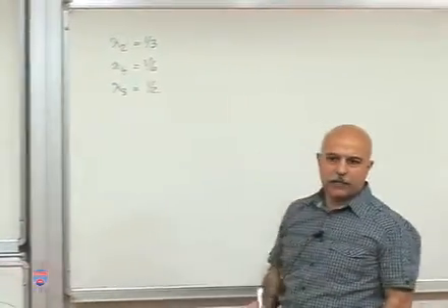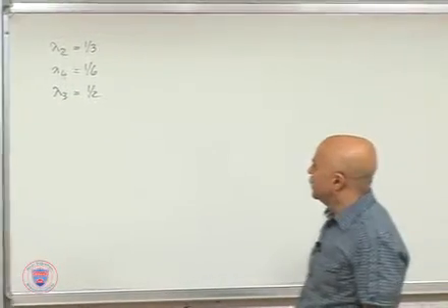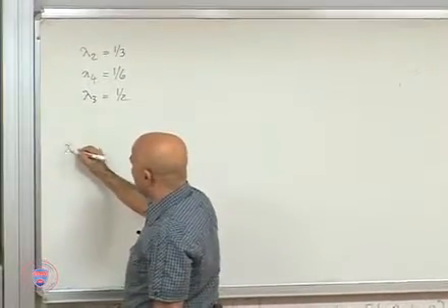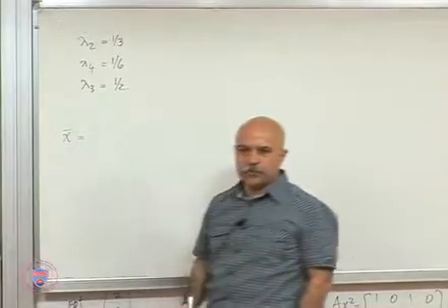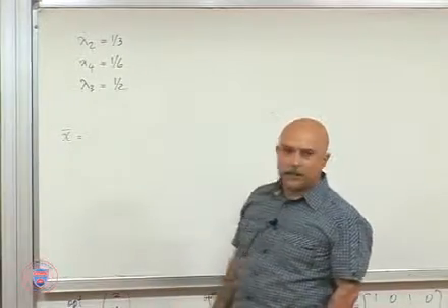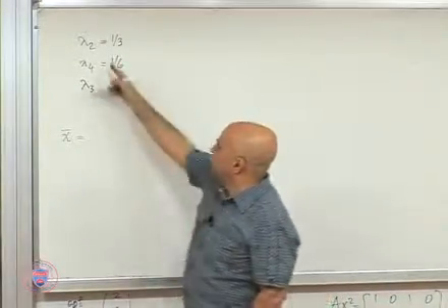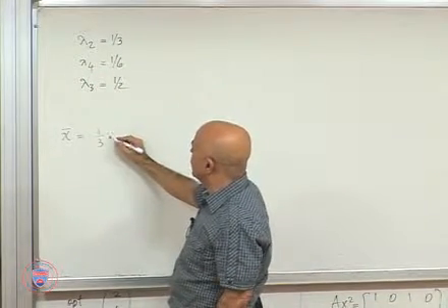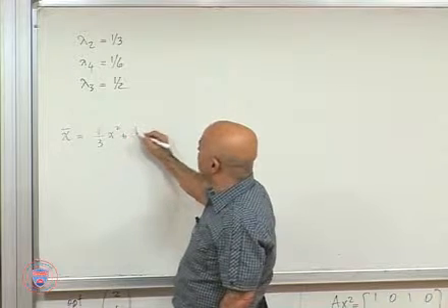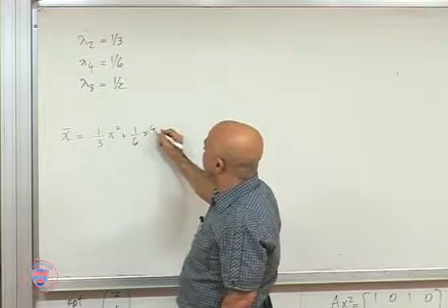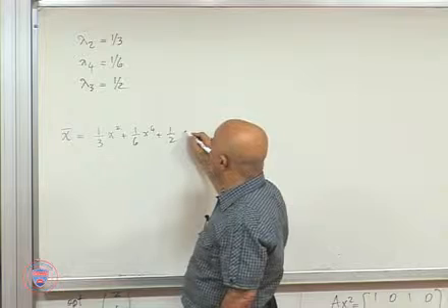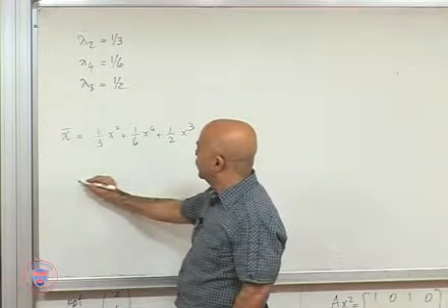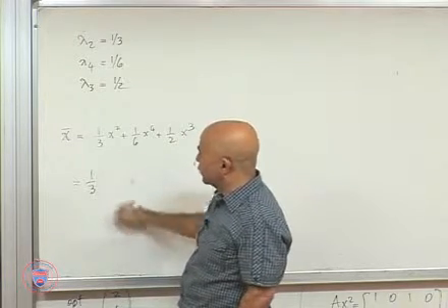All the rest of the lambdas are 0. So your actual optimal solution to the original problem is a convex combination of the extreme points corresponding to these lambdas. It's going to be 1/3 times x2 plus 1/6 times x4 plus 1/2 times x3. So 1/3 times, what is x2?